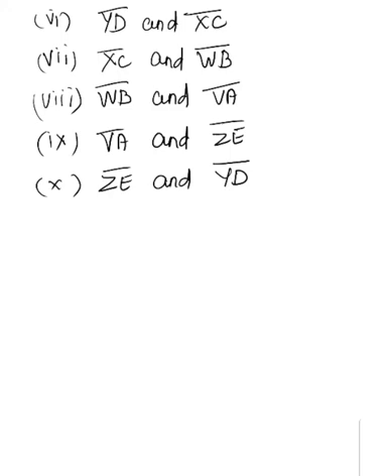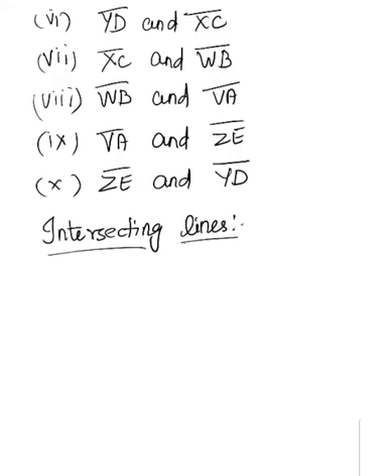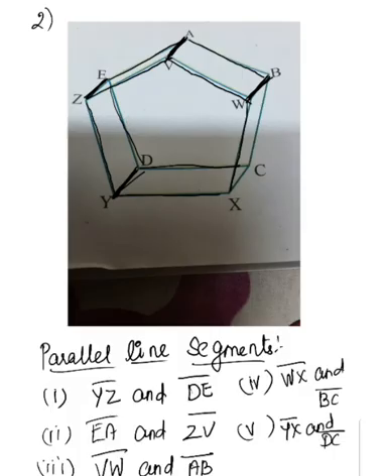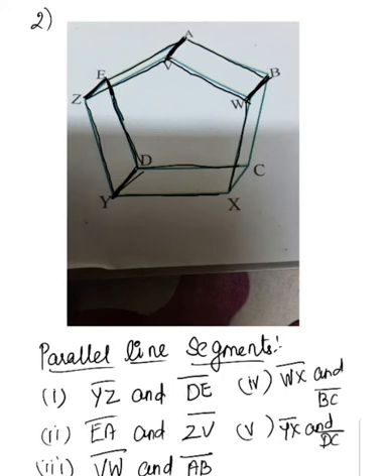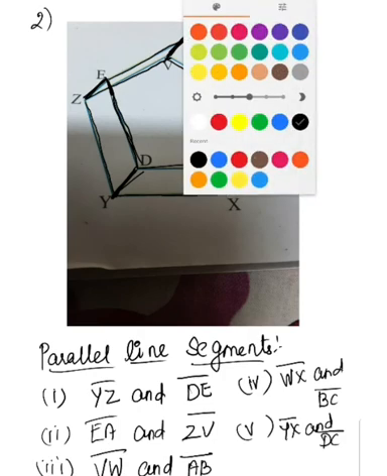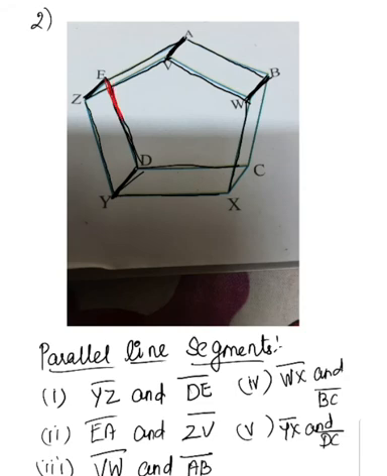Then go to the intersecting lines. What are the intersecting lines here? See, here is DE and ZV. I will take another color, then you can understand. DE and ZV.